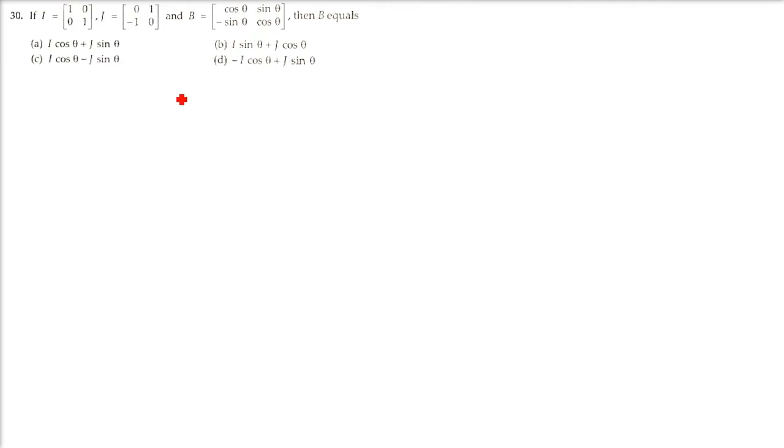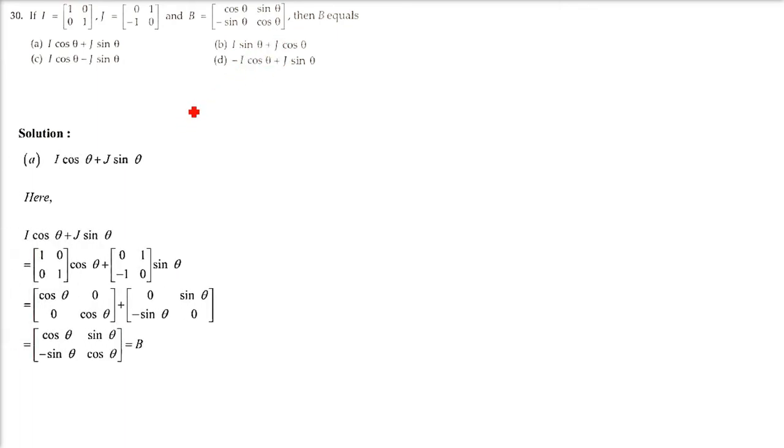Now I and J have to be placed in all of these options, and then you see when B is coming. So you have to start with option A. Put I as 1 0 0 1, J as 0 1 minus 1 0 in the first equation. So you have to multiply I with cos theta, J with sin theta.